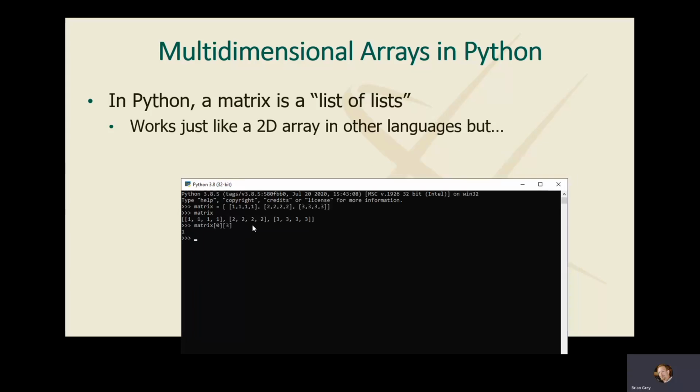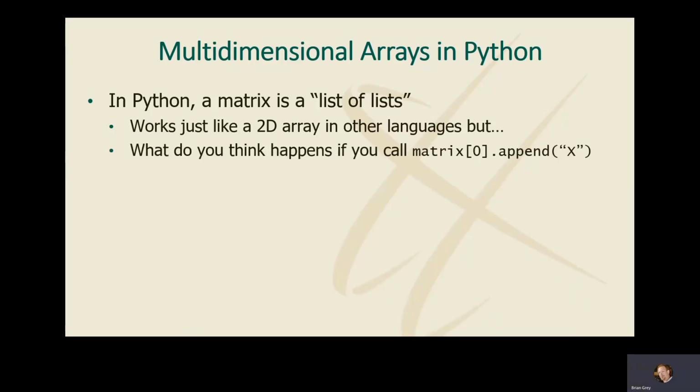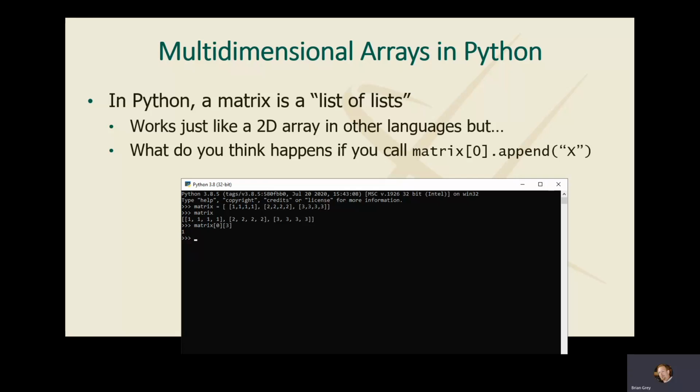What do you think is going to happen if with this code we then say, you know what? Let's append X. Matrix 0, append X. What do we think is going to happen? Well, remember, the computer does exactly what you tell it to do. And this is a list of lists. So when you say matrix 0, you get that list. And because this information is stored referentially, right, the matrix itself is storing a reference to this list.